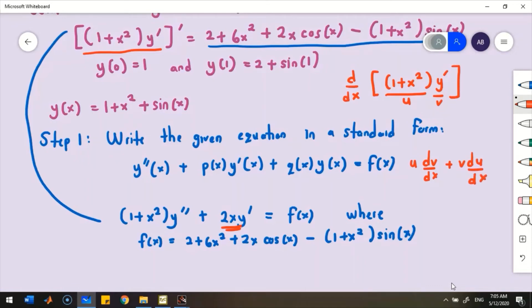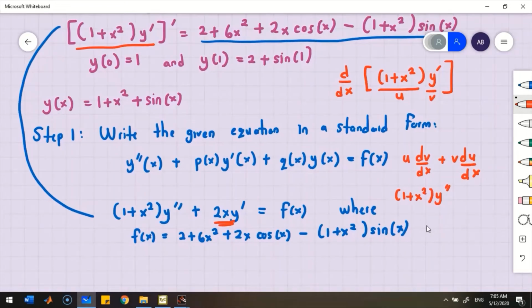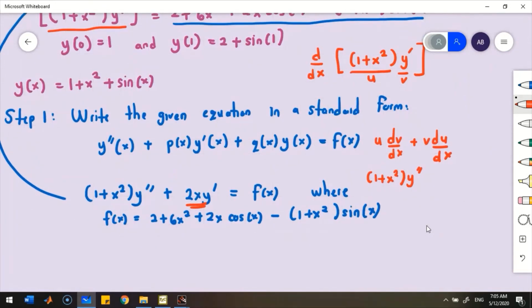So let's say u is 1 plus x squared. Differentiating the v term, y prime, is just y double prime. And then if v is y prime, differentiating u, du dx is 2x. Did you get that?